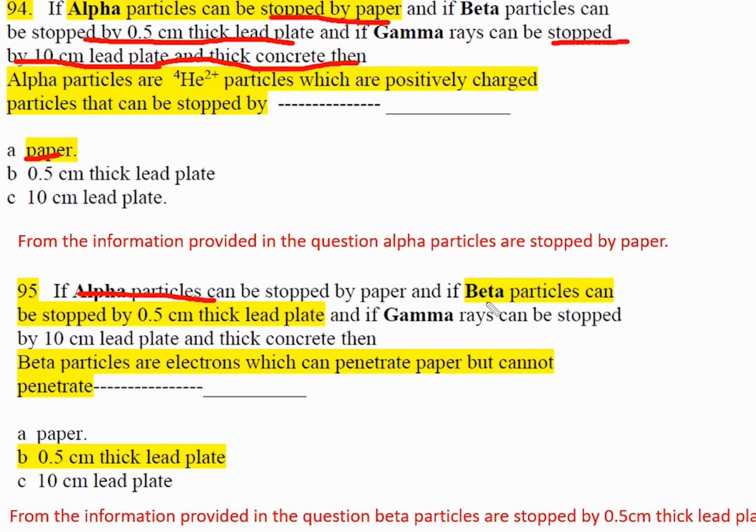Question 95, alpha particles can be stopped by paper, beta particles can be stopped by 0.5 centimeter thick lead plates, and gamma can be stopped by 10 centimeter lead plates and a thick concrete. So beta particles are electrons which can penetrate paper but cannot penetrate the 0.5 thick lead plate.